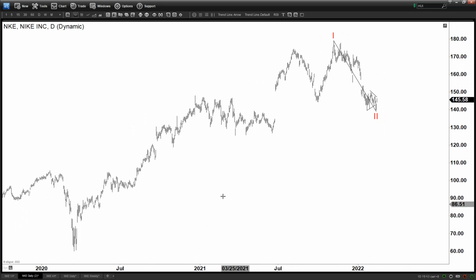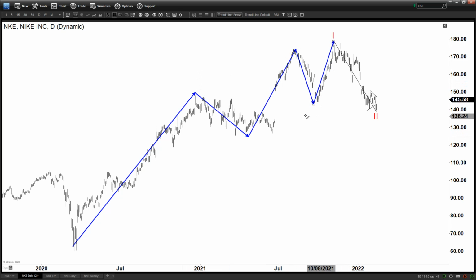Now, if you take a look at the daily here, from March 2020, this is the COVID-19 low. It looks like some kind of 5 swing or 5 waves, right? Overlapping is fine if it is a diagonal, so we don't need to worry too much about overlapping.